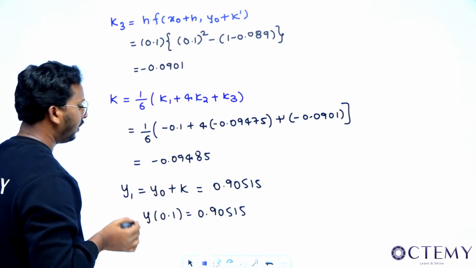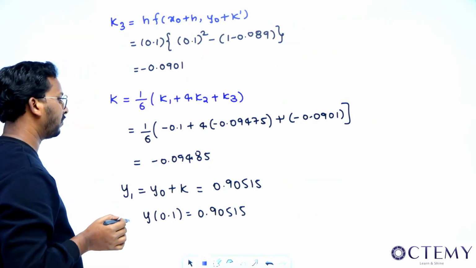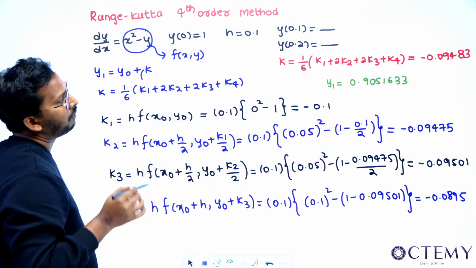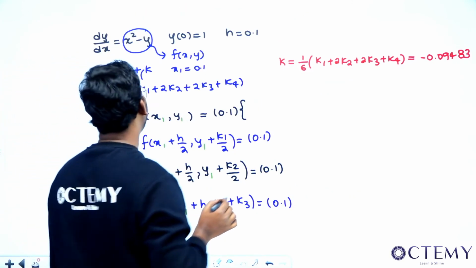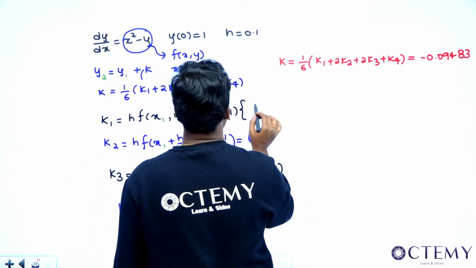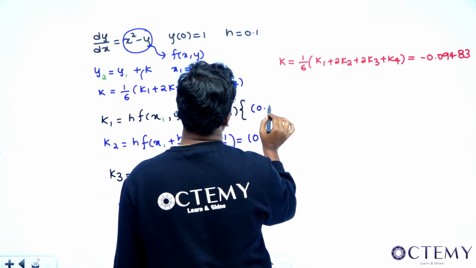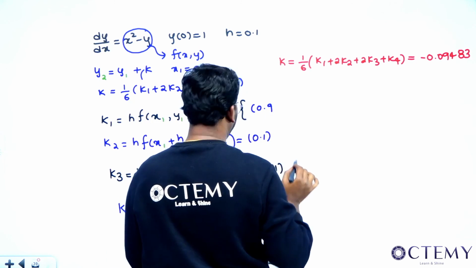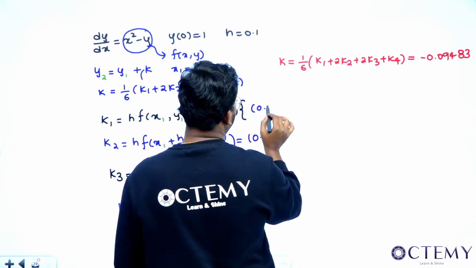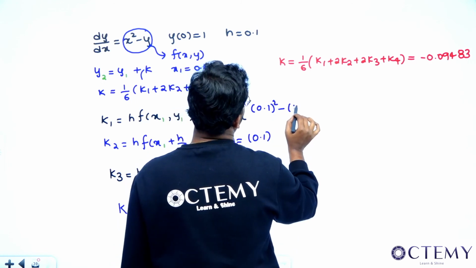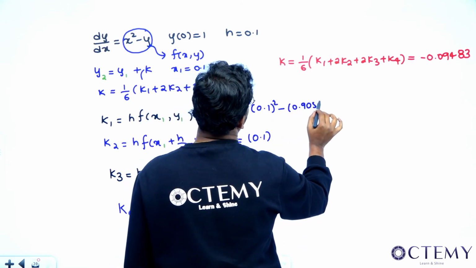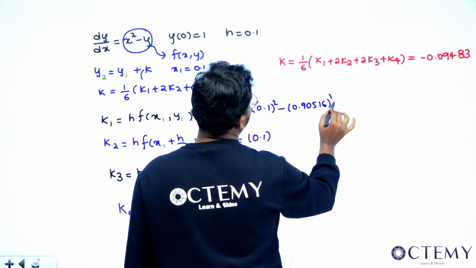What would you write here? 0.90515. Here you can write 0.90516. So this will become what, sir? x1 is 0.1. 0.1 square minus y1, which is 0.90516 you can write, sir.